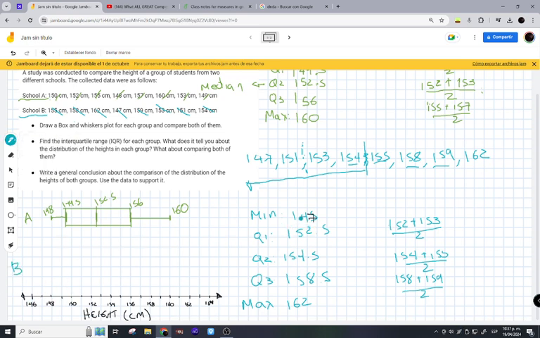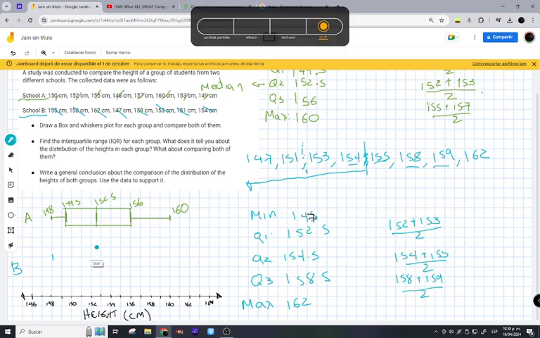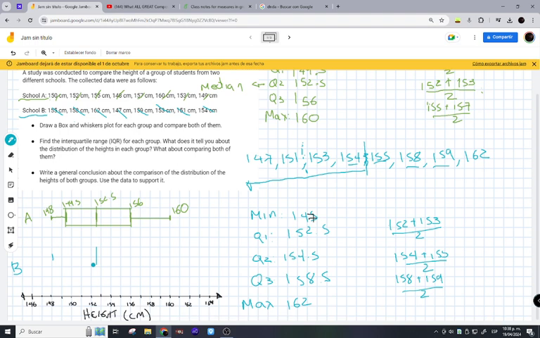So once again, minimum 147. I'm going to do it over here. Q1 152.5. Median 154.5.